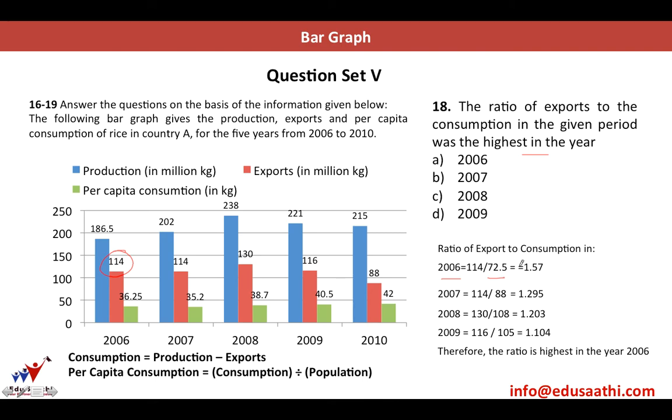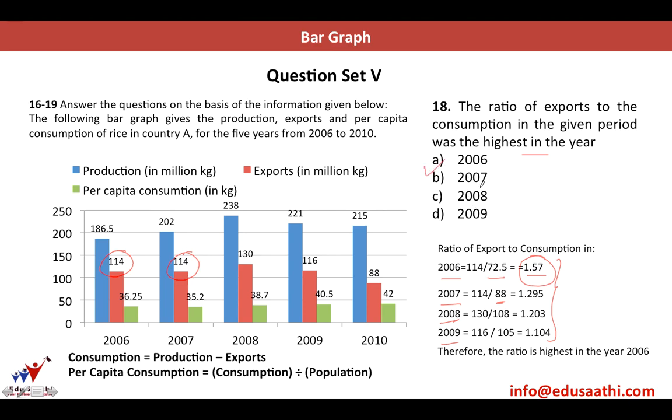This is calculated earlier. So this gives me 1.57. Similarly, for the year 2007, this would be nothing but 114 divided by 88, which is the consumption for 2007, and likewise for 2008 and 2009. By looking at these results, I am sure that 1.57 is the highest ratio. So the correct option is the year 2006.